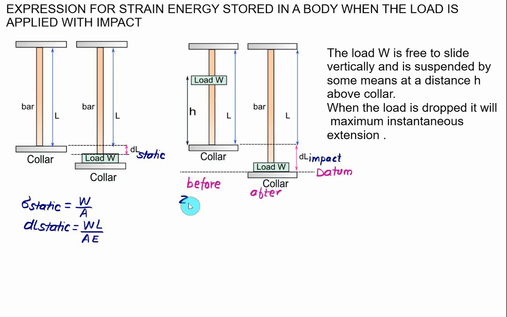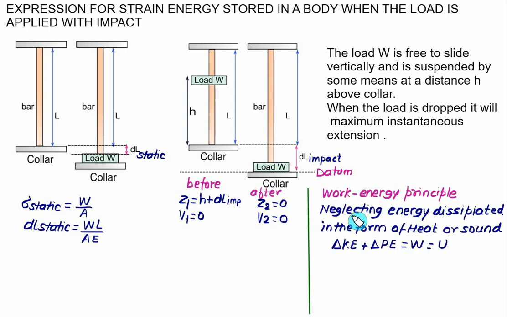So we have Z1, that is the potential head, equal to h plus DL impact. Since it is dropped, the initial velocity v1 will be equal to 0. Finally, we have z2, and since we have set up our datum here, z2 is equal to 0, and after impact the velocity v2 is equal to 0.